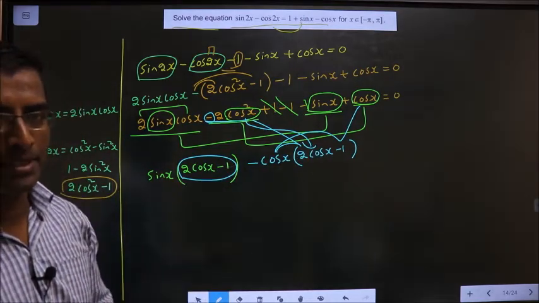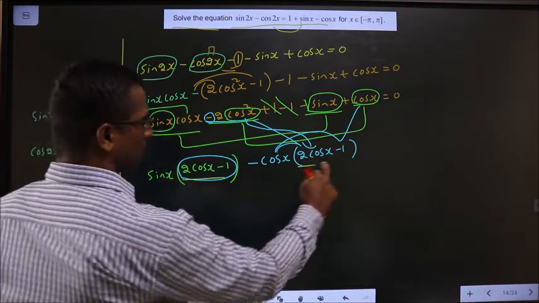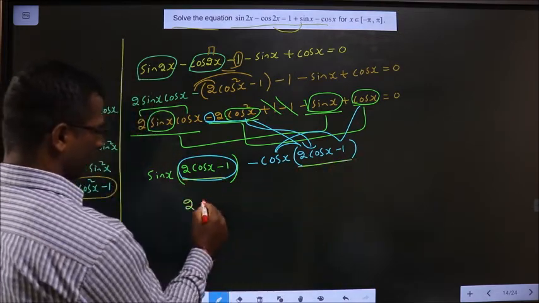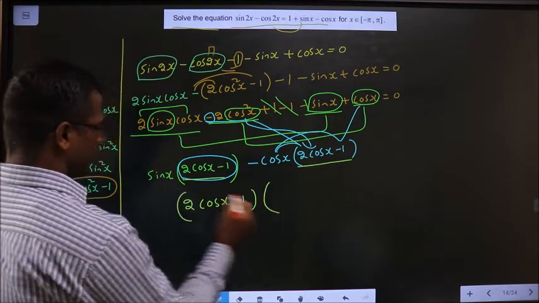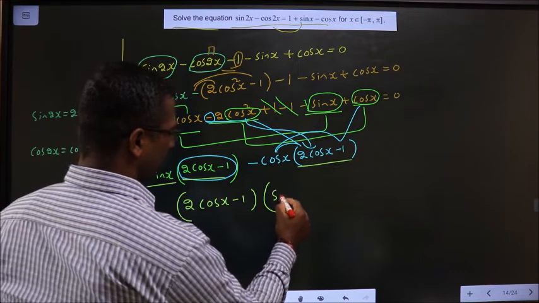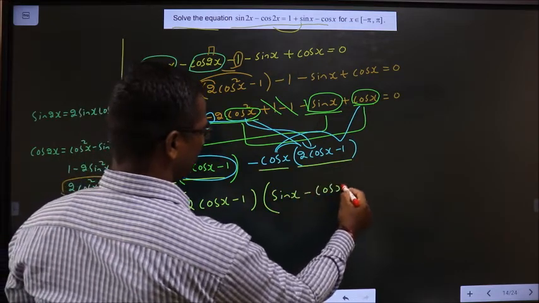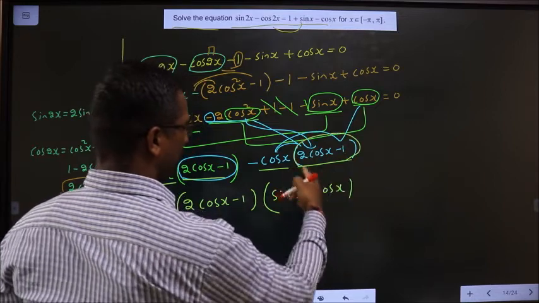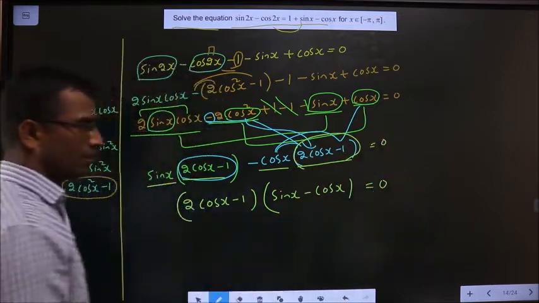And why should they be same? Because now I will take these two common. So 2 cos x minus 1. Here I am left with sin x and here I am left with minus cos x, because this entire bracket came out equal to 0. Clear?